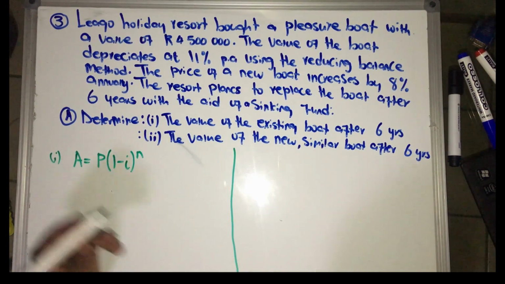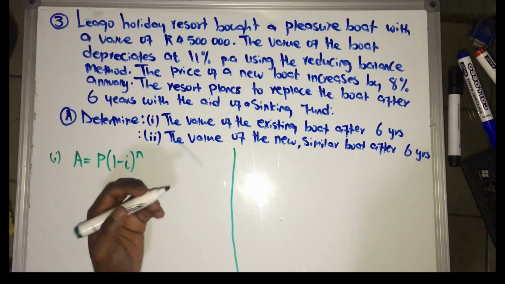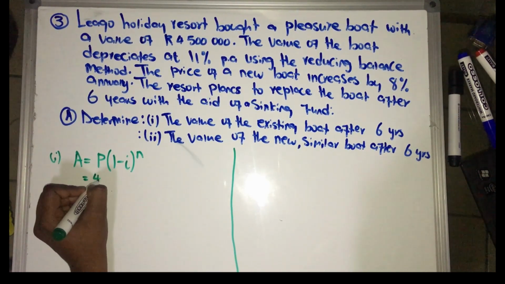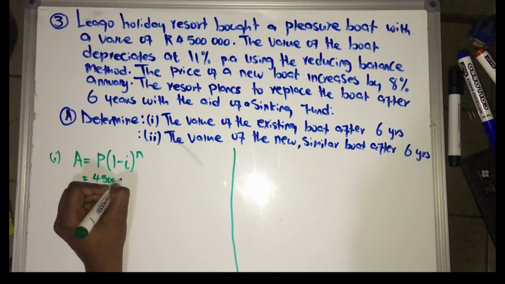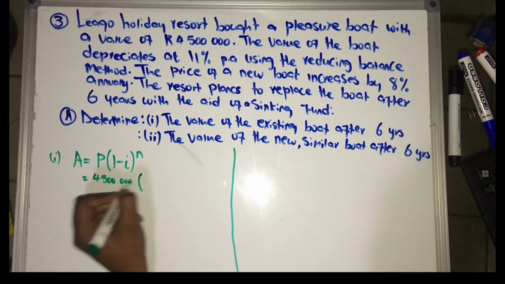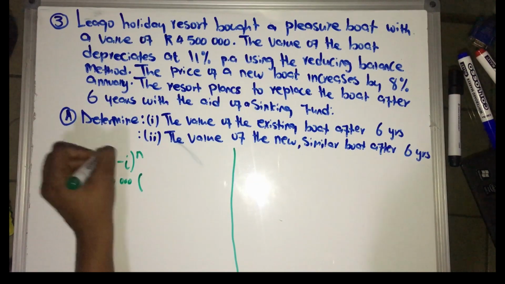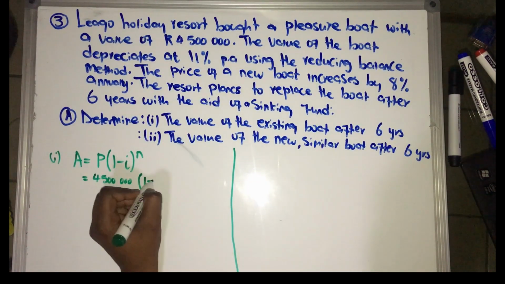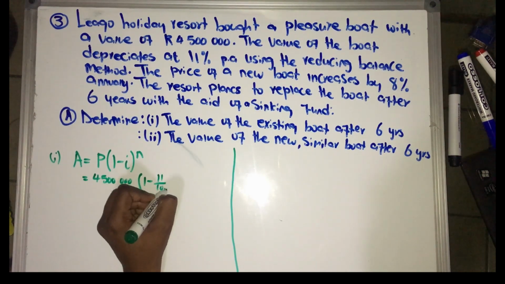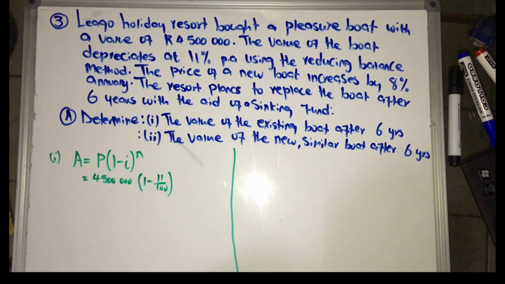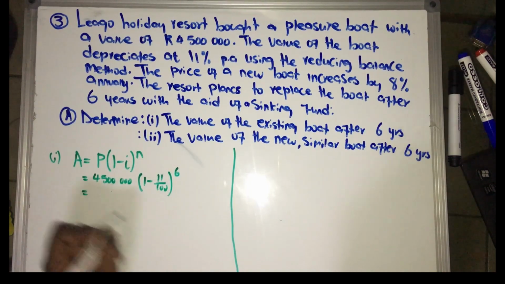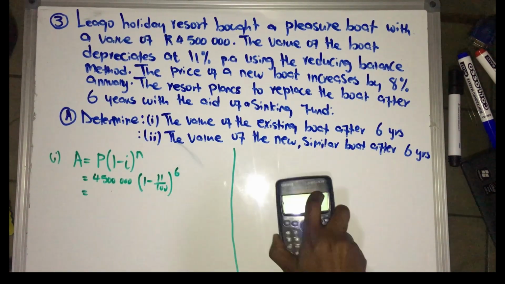You see, so now they want us to find the value. So obviously it's starting with 4.5 million rands. That's your principal amount. 1 minus i, your i is per annum, so that's just going to be 11 over 100. And then after how many years? After 6 years. Okay, so you find out how much it will be worth at that time.